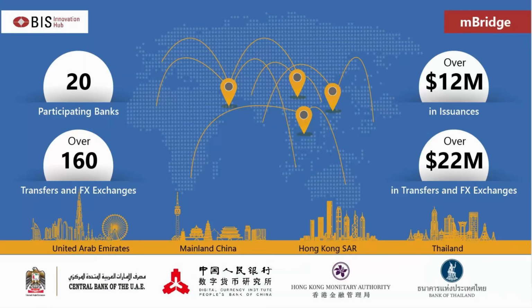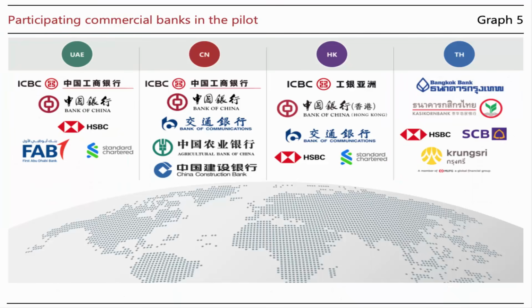And the greatest number of direct pilot participants, 20 of the region's largest commercial banks, participated in the pilot. So each central bank had 5 participating commercial banks as well. So the Central Bank of Thailand had 5 commercial banks that also participated in the pilot, the same as the UAE, Hong Kong, and China.